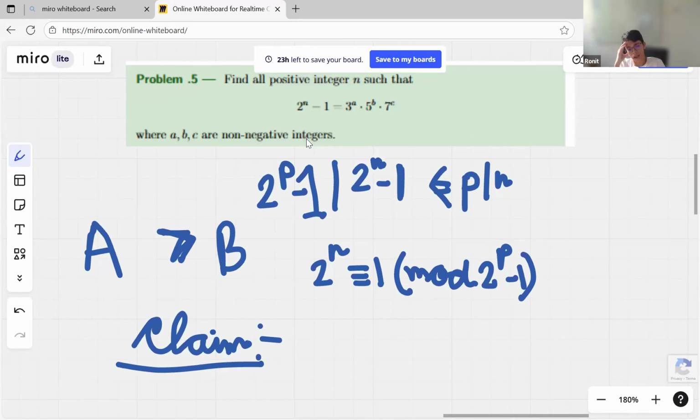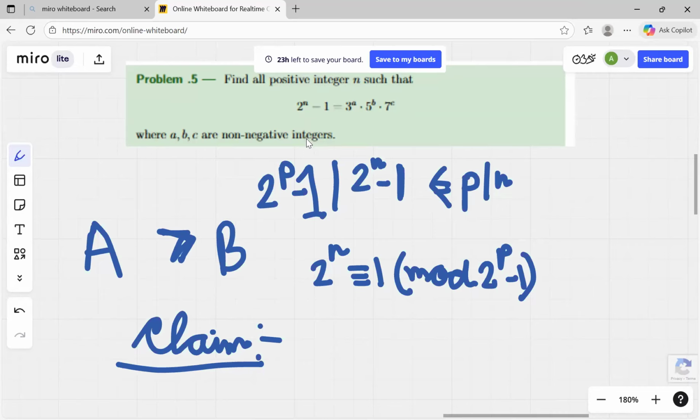Sorry, what's the definition of B again? B is the largest prime divisor of the number n. Okay, and A is the largest prime divisor of 2 to the n minus 1. We can induct, right? Suppose this statement is true till m, and then you take m plus 1.